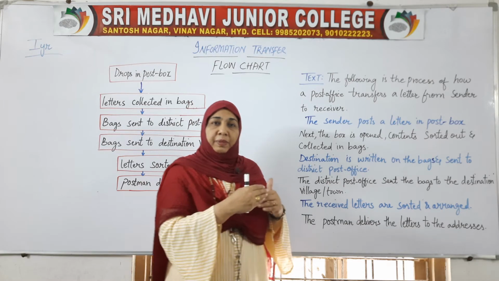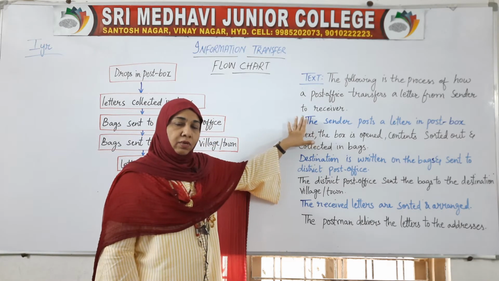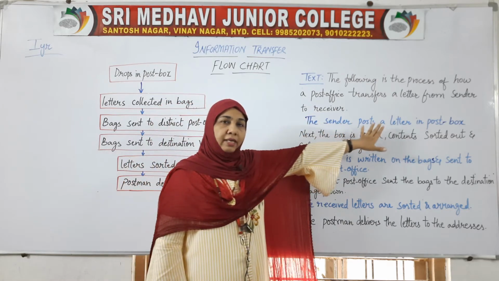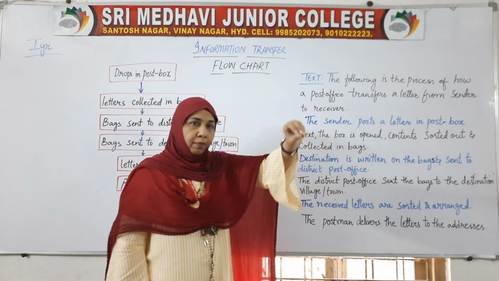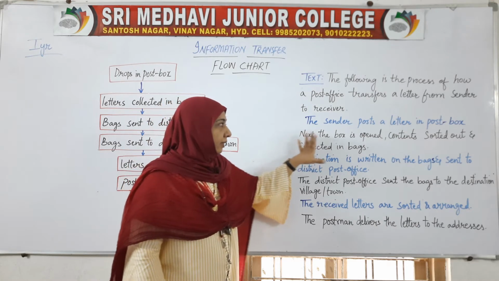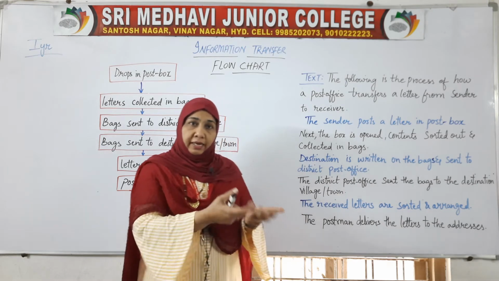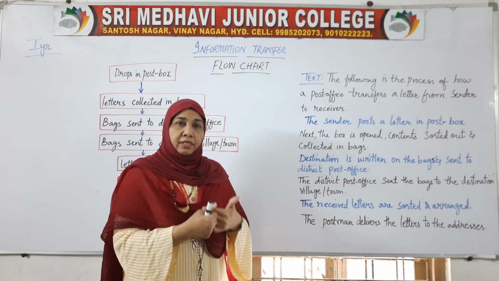What do the people do? The sender only did one thing: the sender posts a letter in the post box. That is a simple thing the person has done. Now next the box is opened. They open the box and take out the contents, letters and everything.